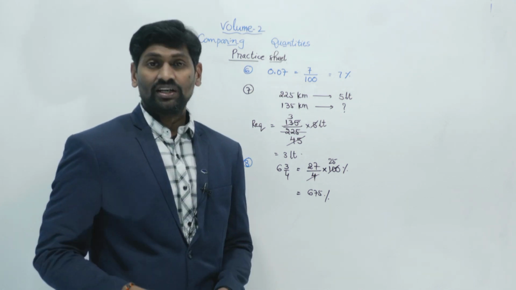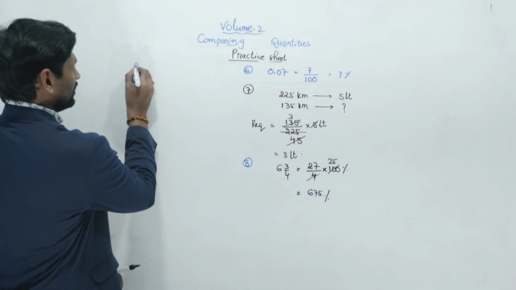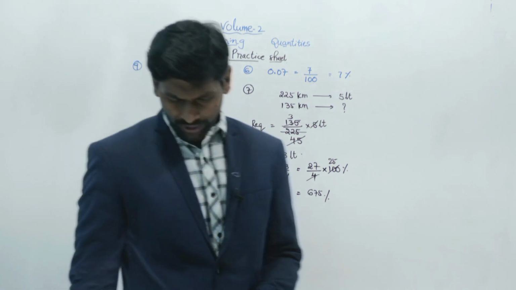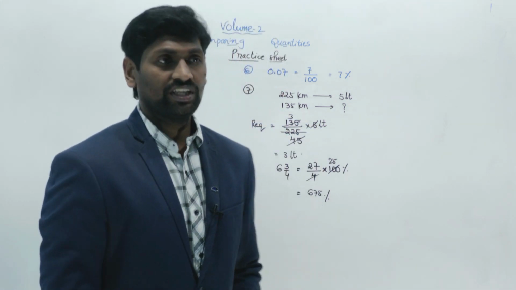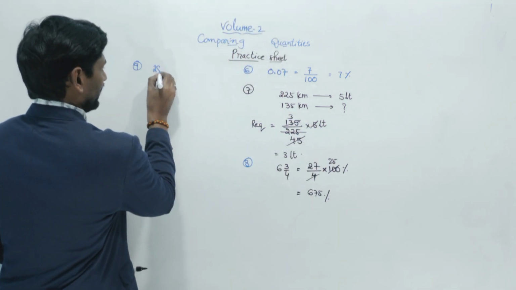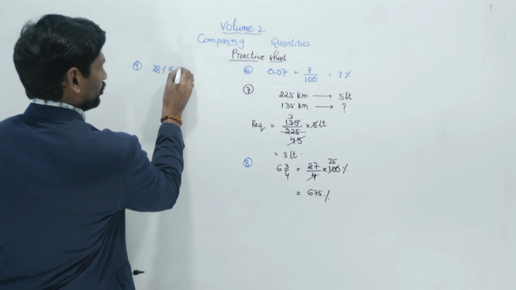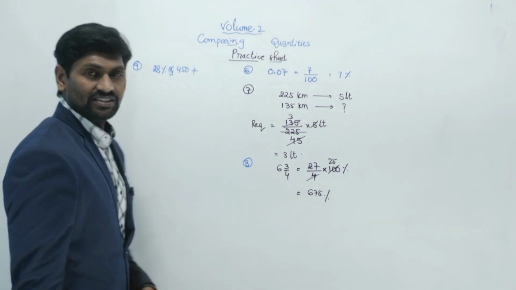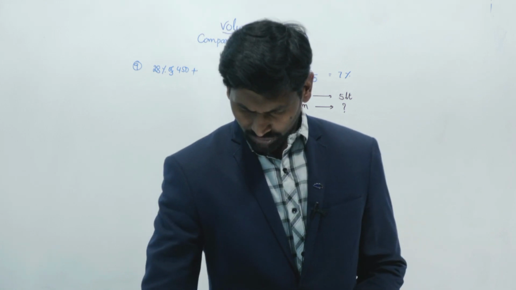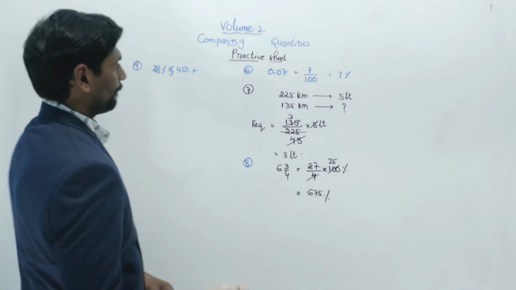Problem number 9. The 9th problem is 28% of 450 plus 45% of 280.